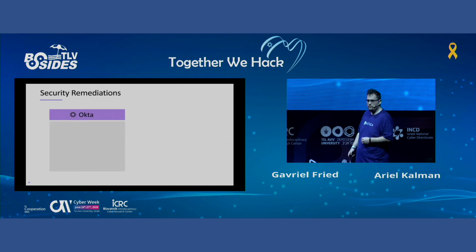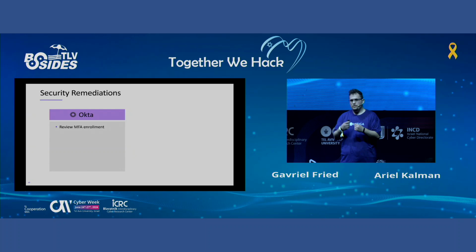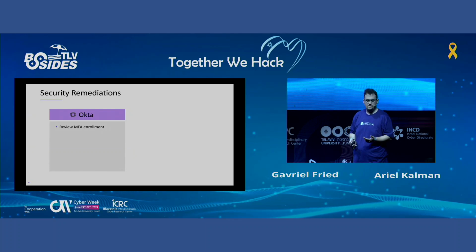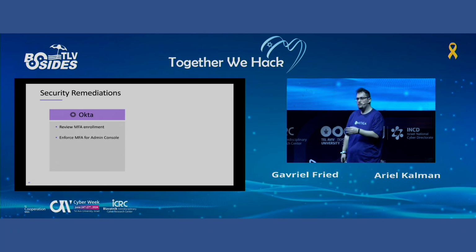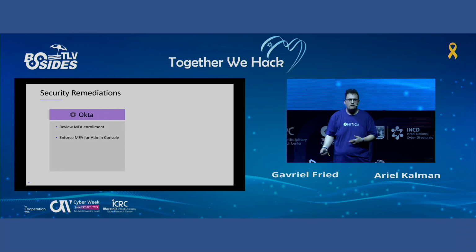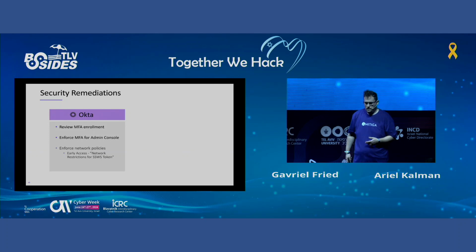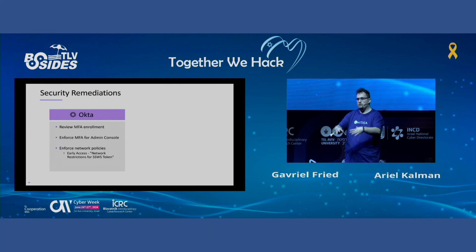So some security remediations we have. In Okta, first, review your MFA that everyone has MFA. I mean, do I really need to stress this out? Additionally, you have to check that your admin console, as Ariel mentioned before, that sometimes things aren't logged there, we want it to be secure, so we need to enforce MFA. Additionally, we can enforce network policies, which will limit the access to our Okta environment.